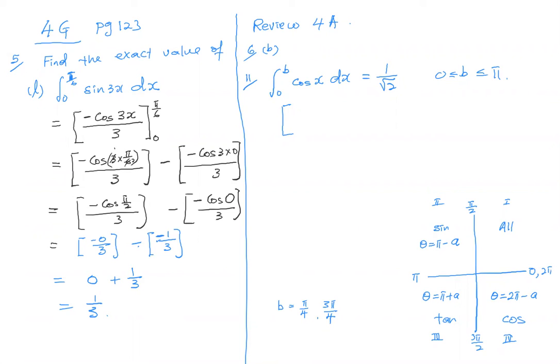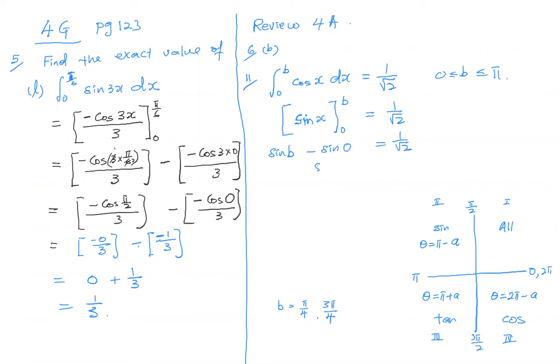So I have cos. Integrate cos, what do I get? I get sin. Right? From 0 to B is 1 over root 2. So I substitute: sin B minus sin 0 is equal to 1 over root 2.